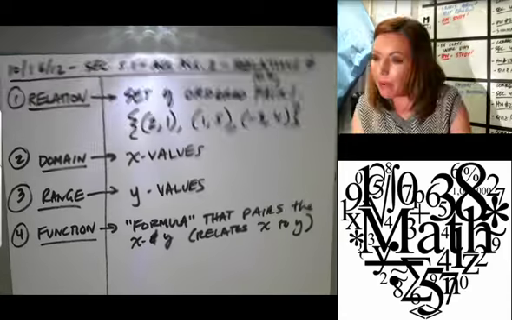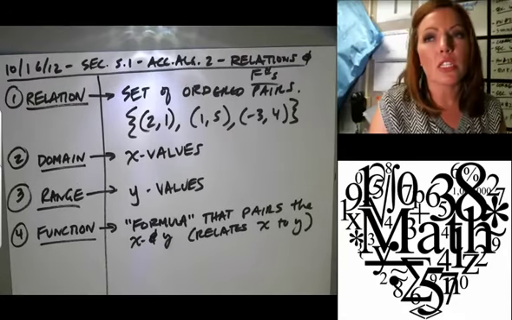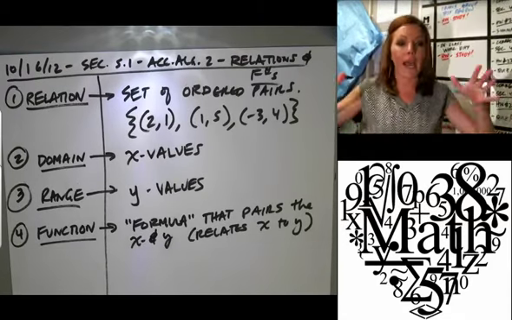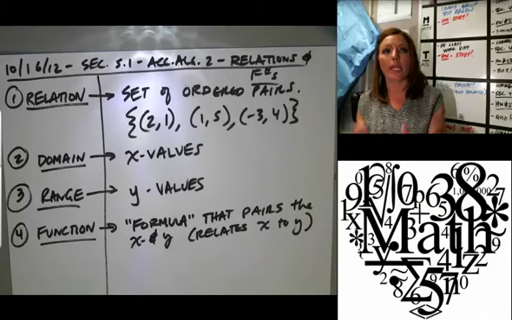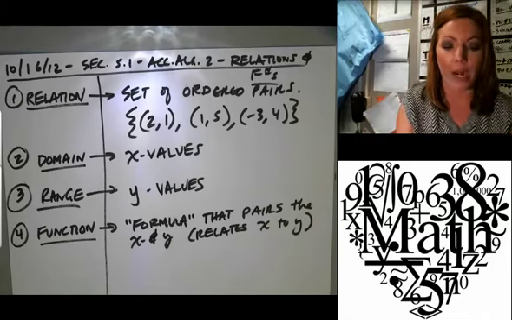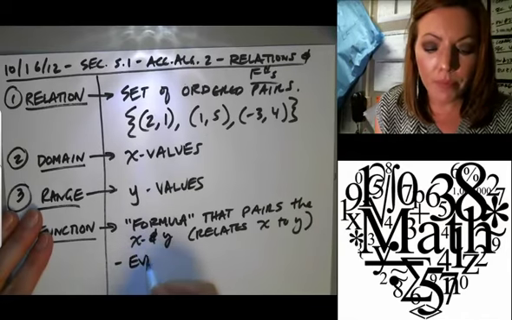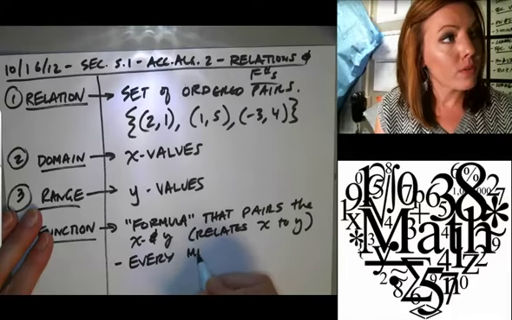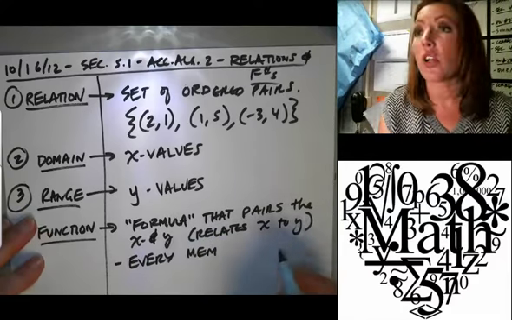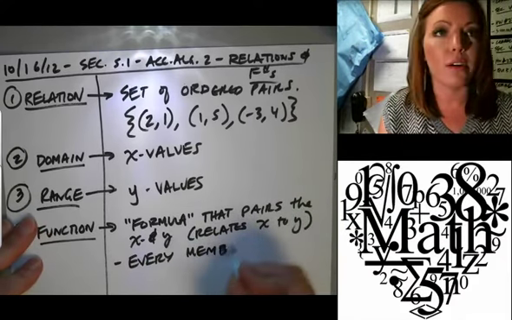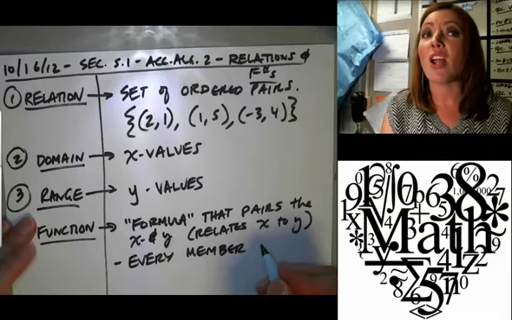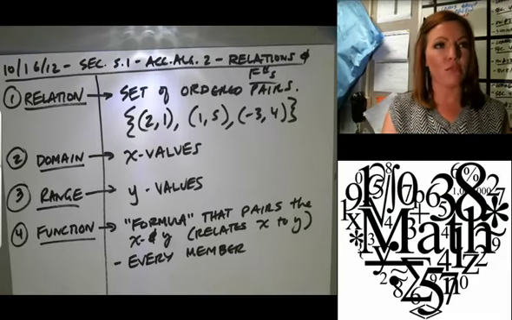Now, the actual definition. It's when every member of the domain is paired with exactly one member of the range. So every member, yes, vertical line test, yeah. They're not bad. I don't know why everybody thinks they're so awful. They're not.